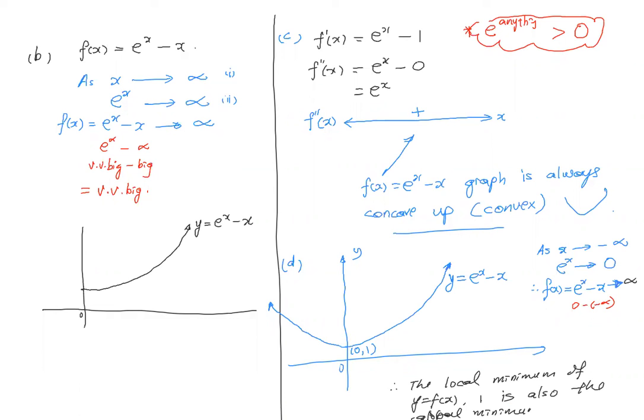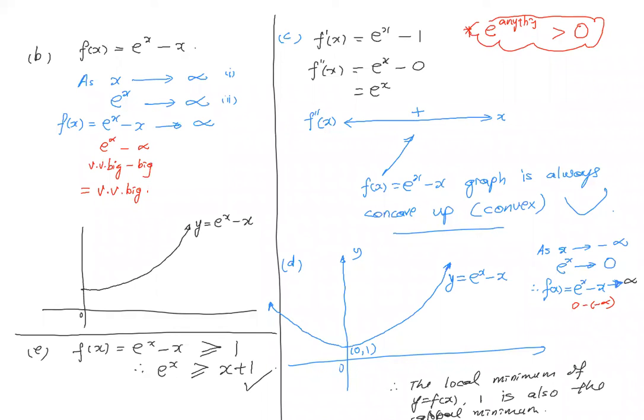So from there, I can answer my part E. You know that your f(x), which is e to the power x minus x, is always greater than or equal to 1. Am I right? So therefore, e to the power of x is always greater than or equal to x plus 1. Done for part D.